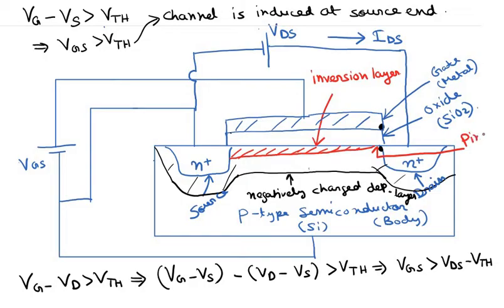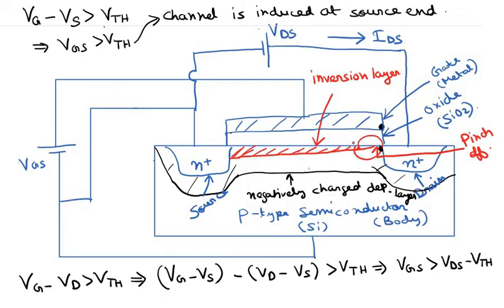So pinch off. Okay, and I again repeat that channel is induced at the drain end when this condition is made, that VGS is greater than VDS minus VTH. Okay, now let us take this figure, this channel here. I have shown it to be wider at the source end and thinner at the drain end.